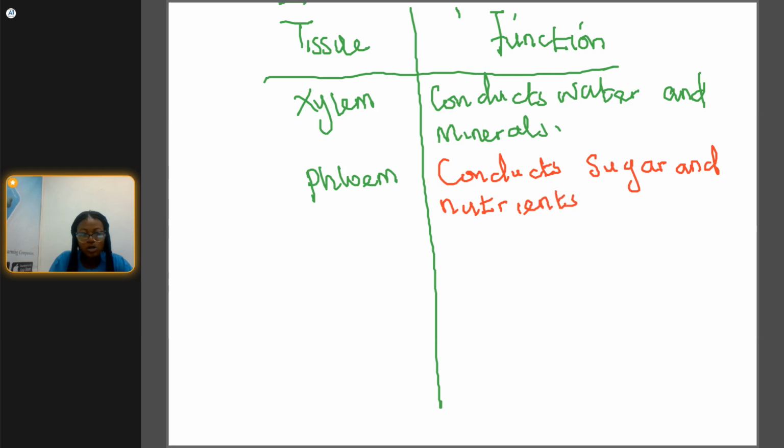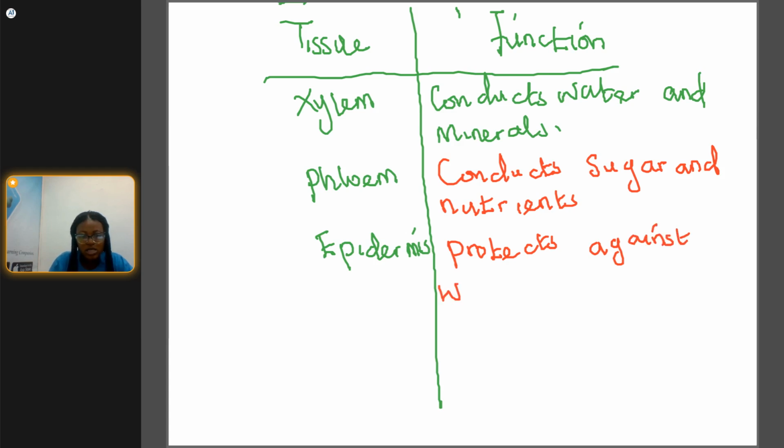All right. We talked about the epidermis. What is the function of the epidermis? It protects against water loss.